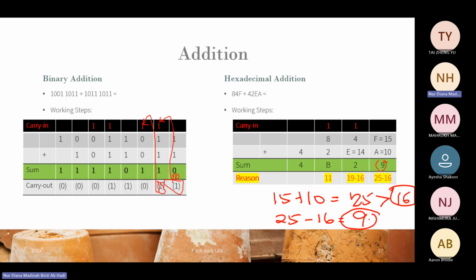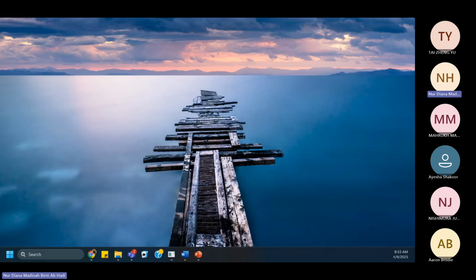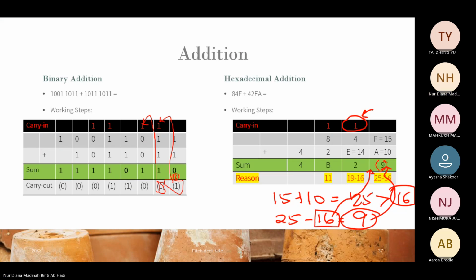So this 9 would be the value here, and this 16 would be the carry out. You're going to have your carry out, and then you will carry the 1 into the front column as your carry in. So far, do you have any question for this part?